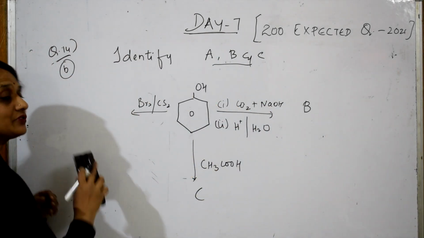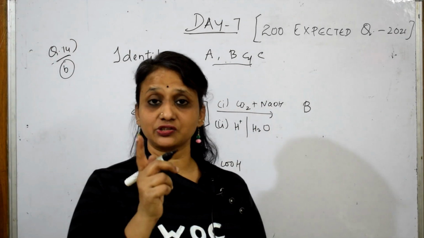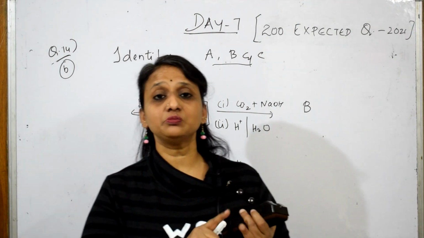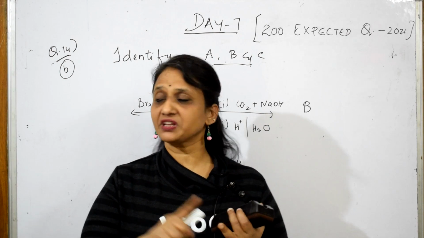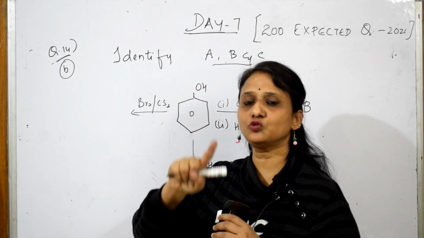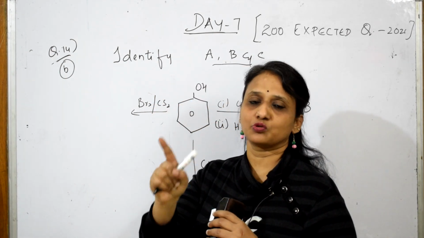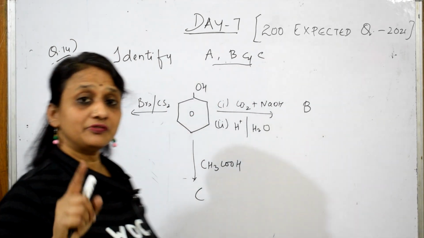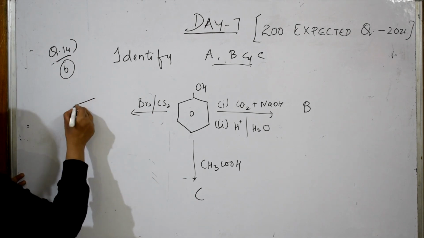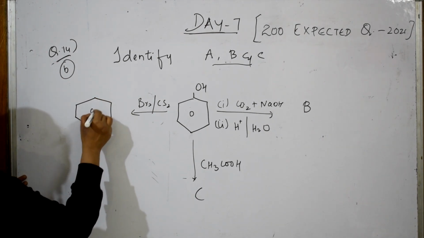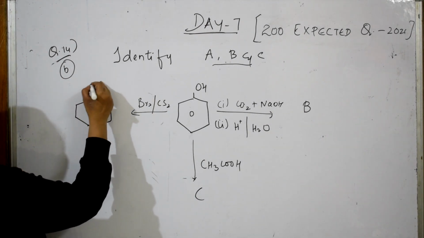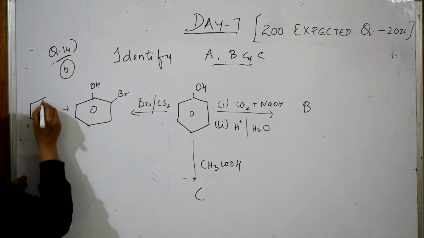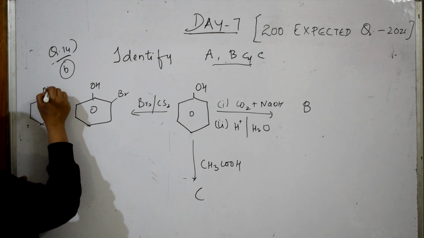What do they give me? Bromine in the presence of carbon disulfide. There are two reactions of phenol, one with bromine water, one with bromine in carbon disulfide. If it is bromine water, I get 2,4,6-tribromophenol, but here it is bromine in the presence of carbon disulfide. So you get two different products: one is phenol with an ortho product, one more phenol with para.